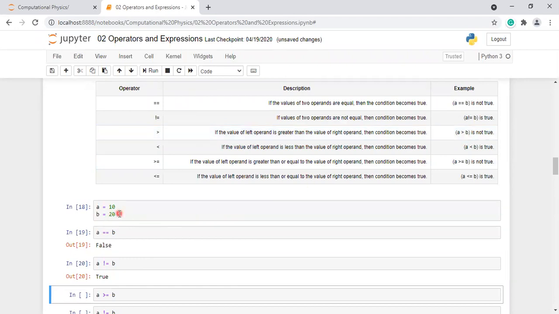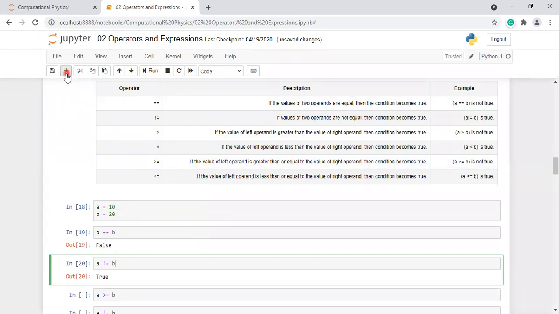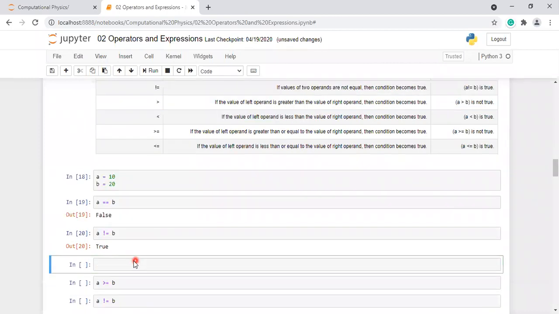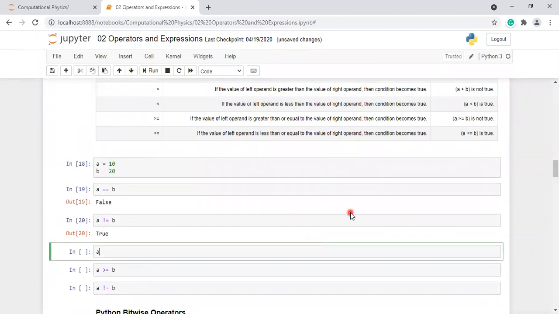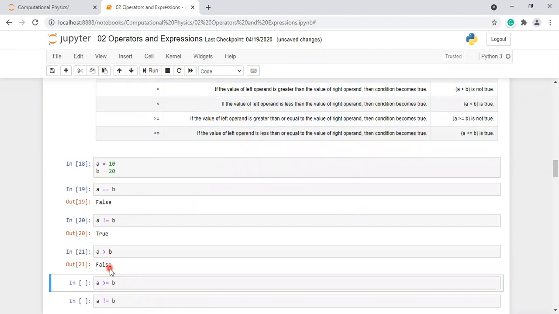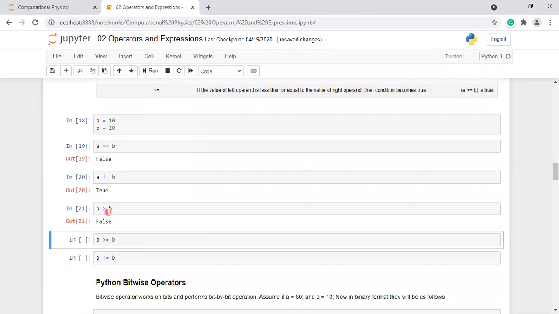Is A greater than B? No. So let me run this cell. The answer is false because A's value is 10 and B's value is 20. So A greater than B is false.